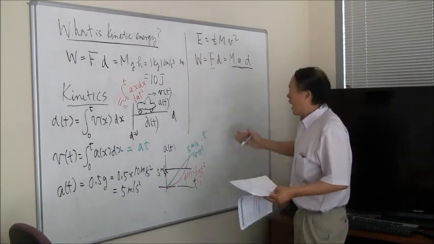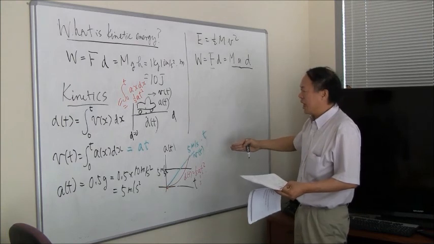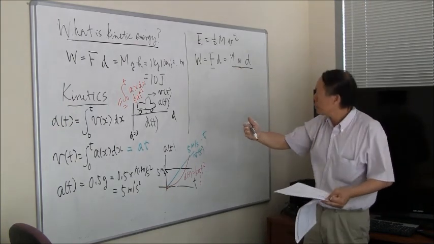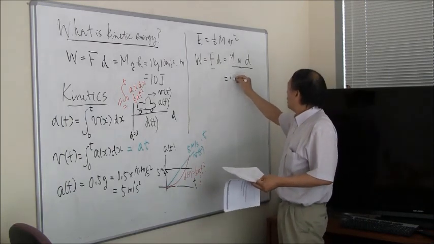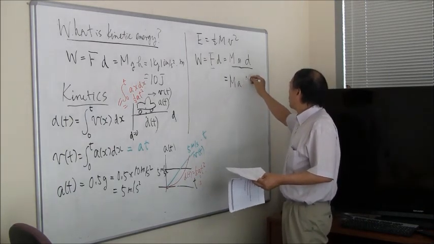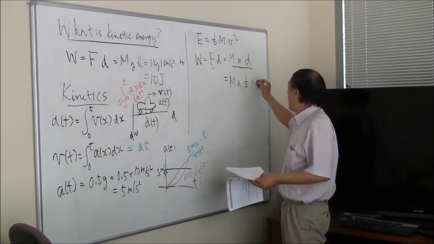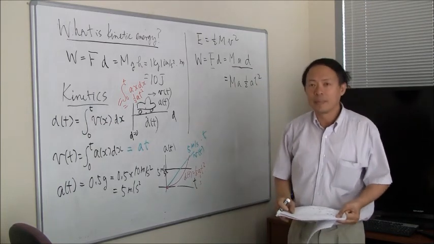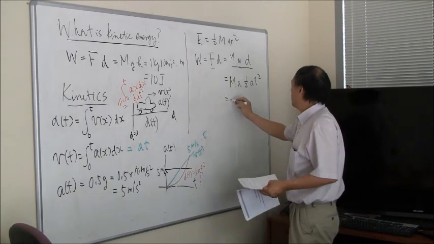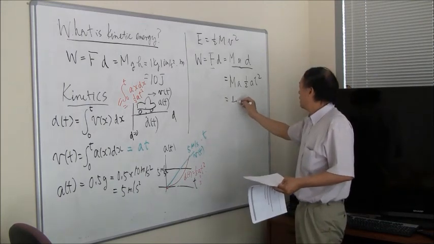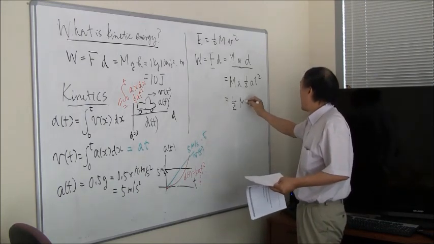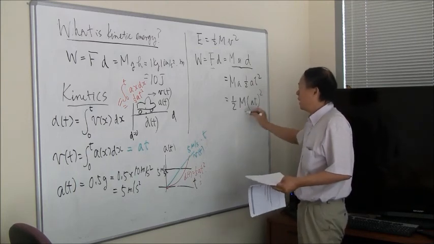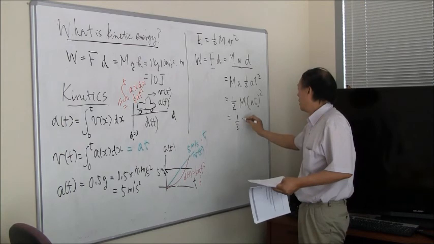Now, as we have done the calculation earlier, if we assume a is constant, then d is equal to 1/2 at squared. And therefore, with a little bit of rearrangement, it's equal to 1/2 m times at squared, and therefore it's equal to 1/2 mv squared.